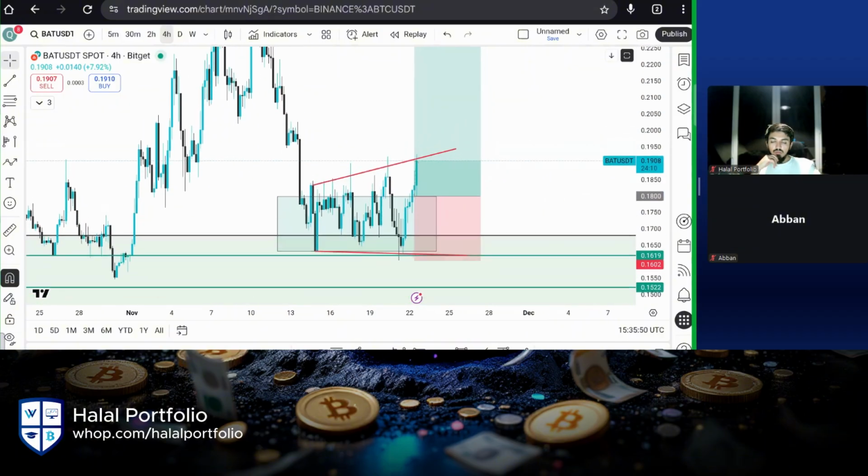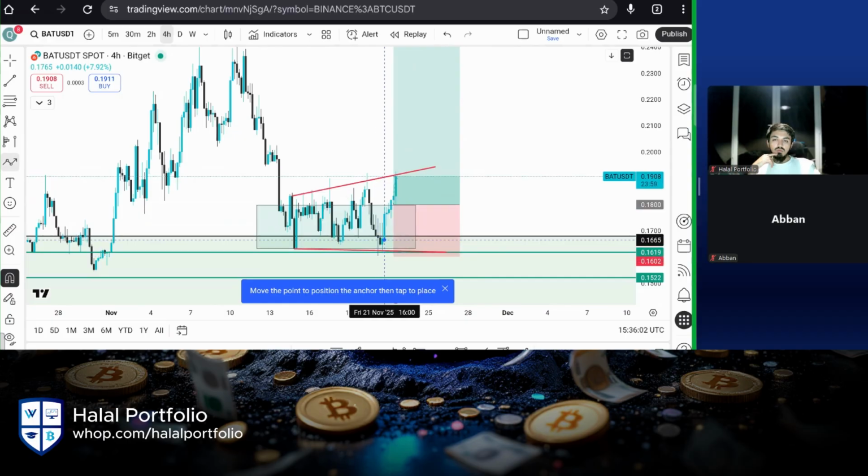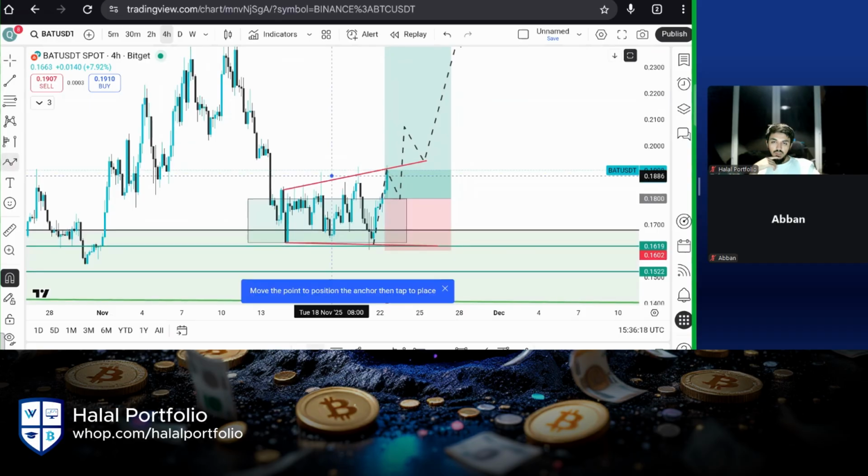But the second rule is, once you enter the trade, either it fails here or it does something like this. So either it finds resistance and comes down here, maybe goes back up, then breaks, retests and then goes up. This is the first thing. Or it can go down back here, 1, 2, 3, 4, 5.